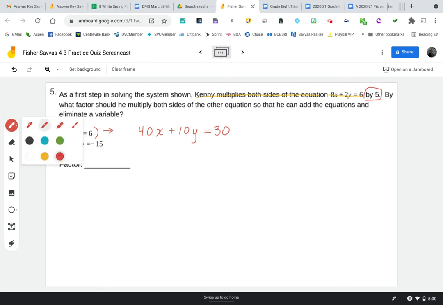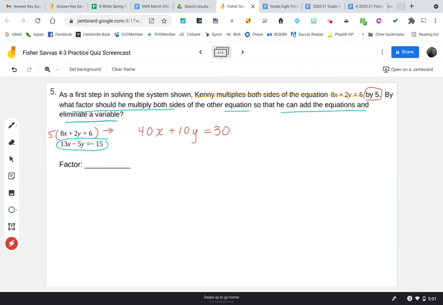Okay, what they want to know is what factor should we multiply the other equation by so that he can add the equations and eliminate a variable. Well, if I look at this bottom equation, I want to multiply something that's going to help me eliminate one of the variables.